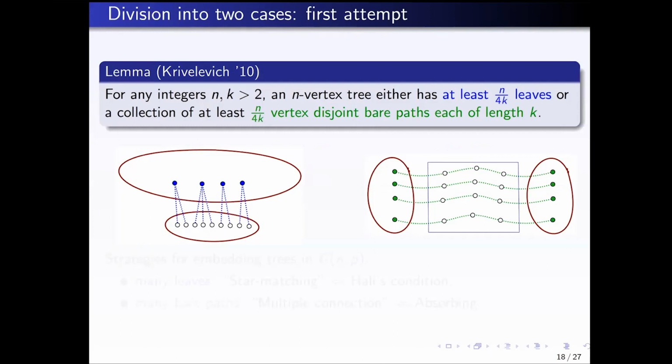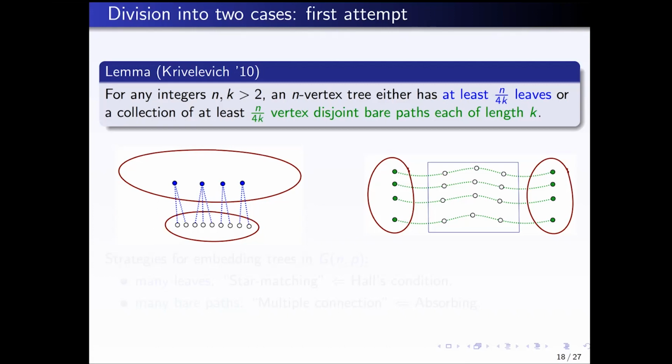They split the trees into at least 2 cases, and this was done by Michael Krivelevich, who proved that every n-vertex tree either has n over 4k leaves or at least n over 4k vertex-disjoint bare paths, each of length k. By bare path, I mean paths with interior vertices of degree 2, so they don't have any leaf or branches attached to them. And n is your number of vertices, and k is a parameter you can choose.